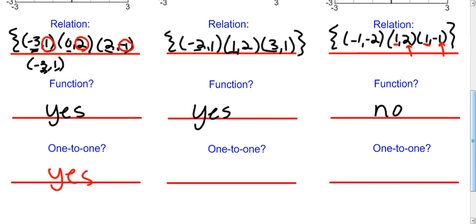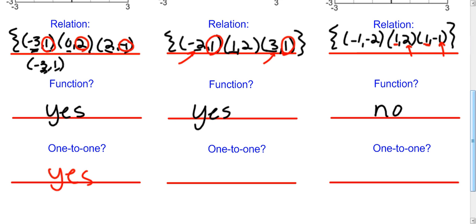If I look at the next example, I know it's a function already because all of my x values were different. But now you can see that I have repeated y values here. Both of those coordinates have a y value of 1, and they have different x's that go along with them. So it was a function first because all of its x values were different and it passed the vertical line test.